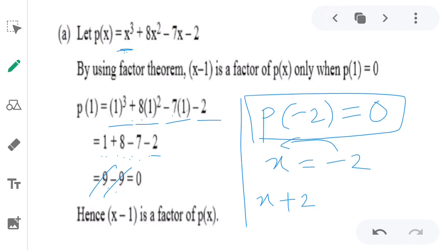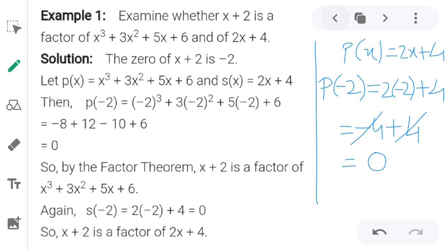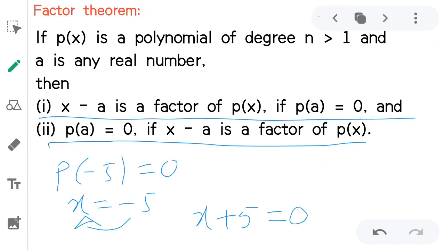Okay, if it is directly given that p of minus 5 equal to 0, or p of minus 10 equal to 0, p of 10 equal to 0, p of 11 equal to 0, then we can directly say that the given value in the bracket is taken to the other side of the x and the symbol is changed, and that will be a factor of the polynomial. This is how we find the factor theorem.